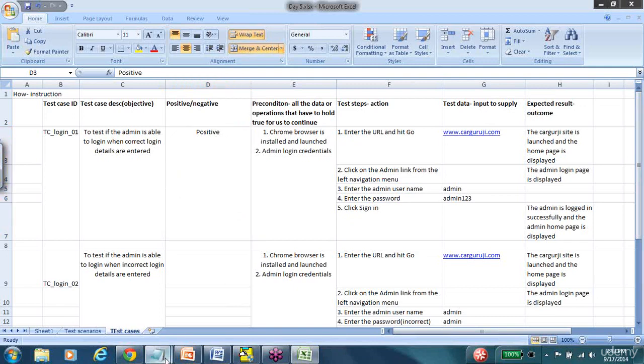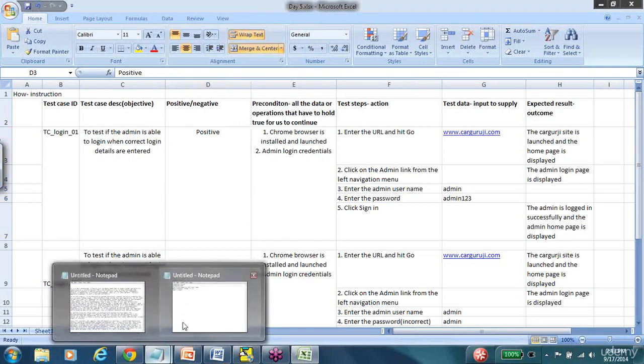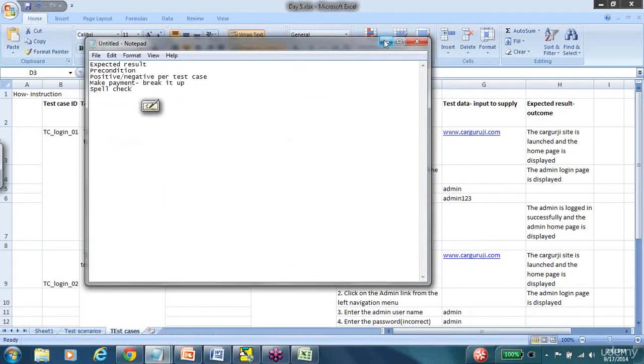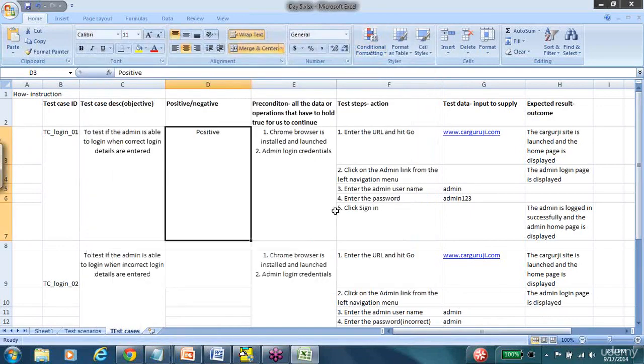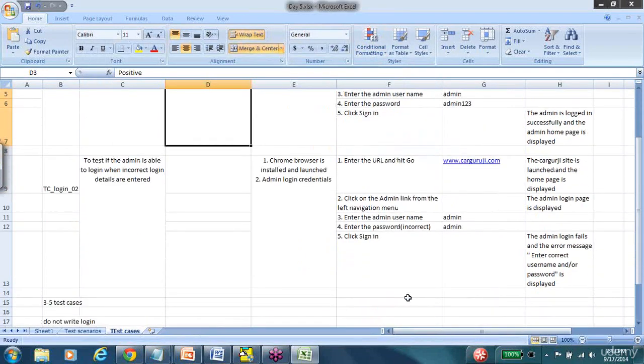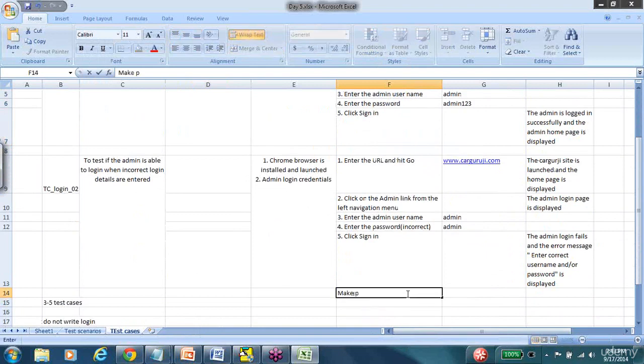The second thing that I wanted to talk about is a spell check, team. Again, very important. Please do a spell check. Make sure that you are creating as bug-free a product in the form of your test case as you can. The next thing that I wanted to discuss is, there was one test case where one of the steps was make payment.